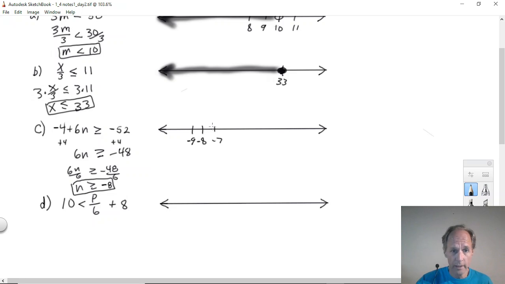Let's say we want everything greater than or equal to negative 8. So we color it in solid. Shade to the right on the number line. That's it. Okay, the next one is similar.